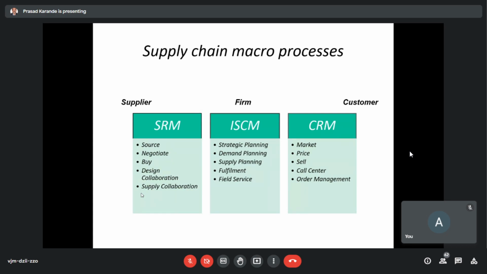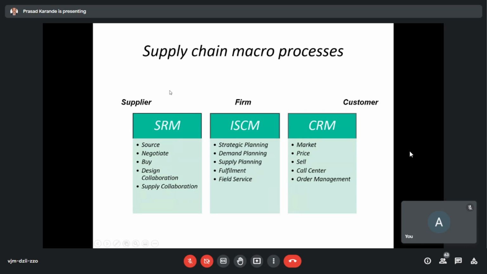Similarly, in supply collaborations you also will be training the people of your supplier. मतलब उसके भी लोगों को आपको ट्रेन देना पड़ेगा, so that they will become a part of your process. Are you getting? And so this is coming under supplier relationship management.